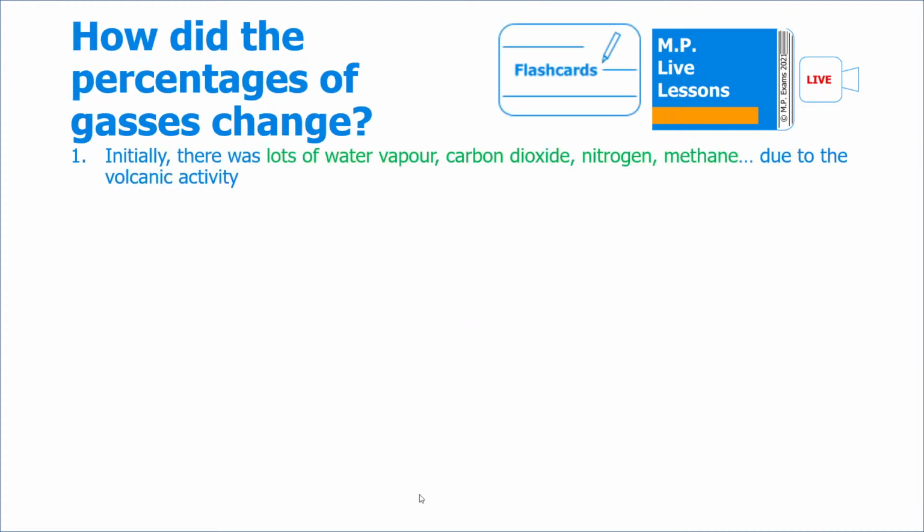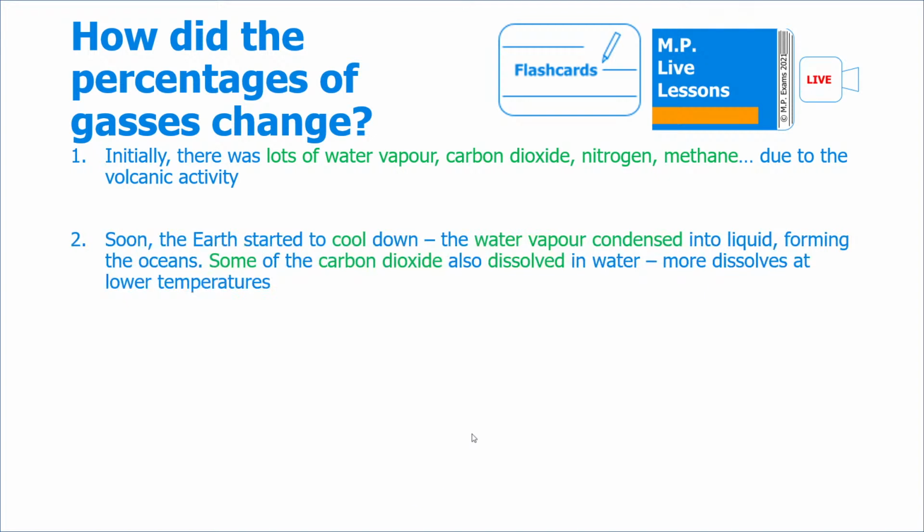Initially, in the early atmosphere, there was lots of water vapor, carbon dioxide, some nitrogen, and quite a bit of methane as well. That was due to the volcanic activity. However, after this, the Earth started to cool down. So the water vapor eventually condensed into liquid, and that formed the oceans.